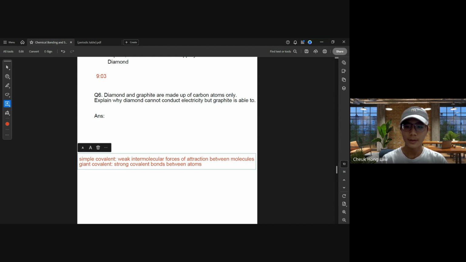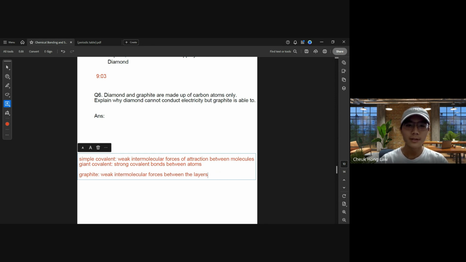Then you have one exception, which is graphite. Graphite also has strong covalent bonds between atoms, but they also have weak intermolecular forces between the layers of graphene. You just have to remember, between the layers.